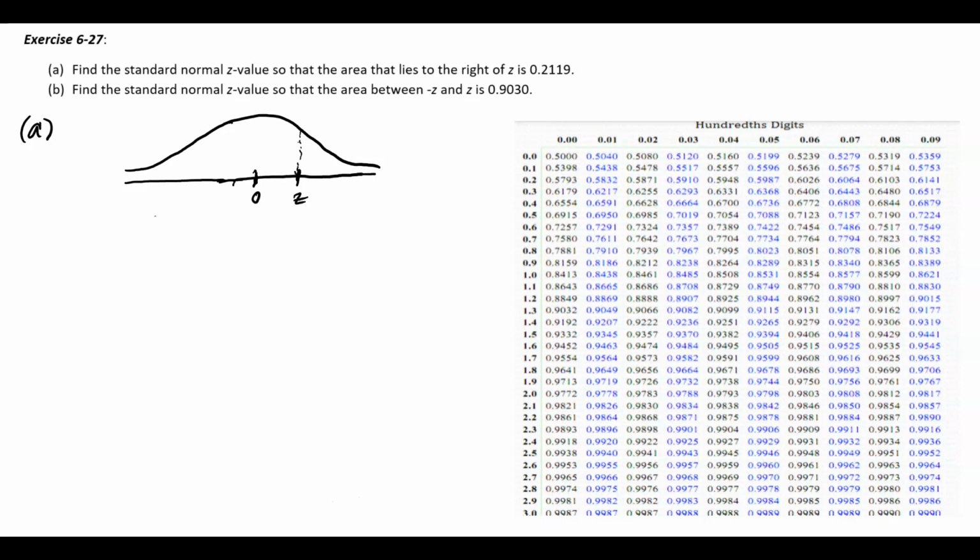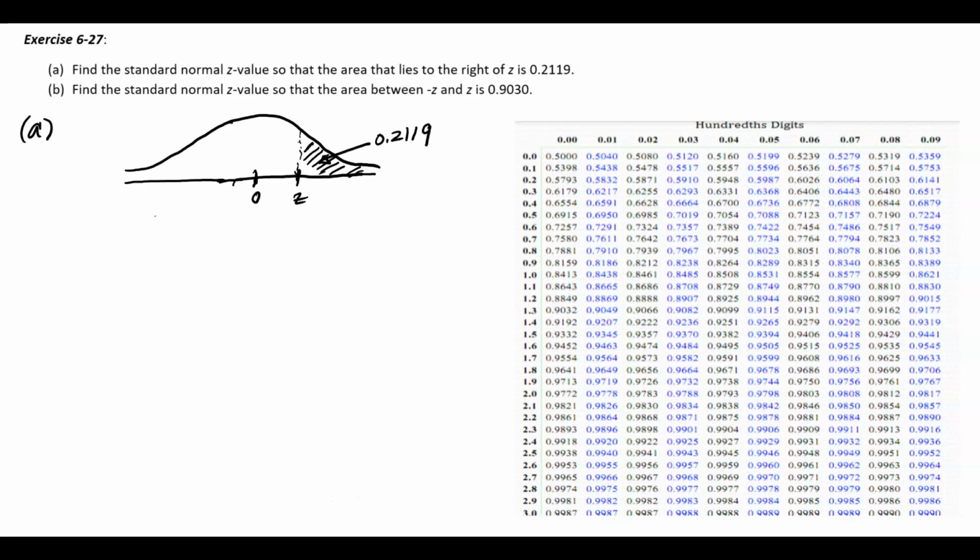Now, we know that it has to be somewhere in this area here. This value is going to be 0.2119. Of course, that represents the area under the curve, which is also the probability that the value of z is greater than whatever this particular z value is.